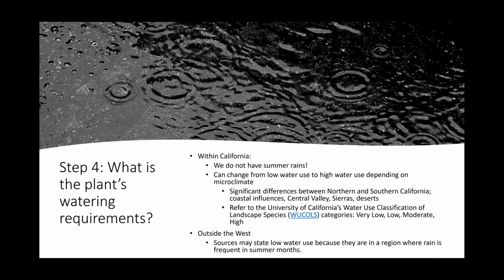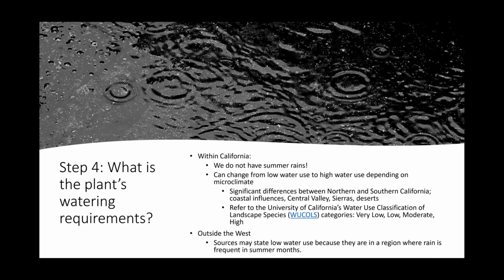You know, it's naturally watered. Whereas if that same plant is in California, it may need, and probably will need, supplemental irrigation because we have no summer rains. And this year it seems like we're not having much winter rain either.